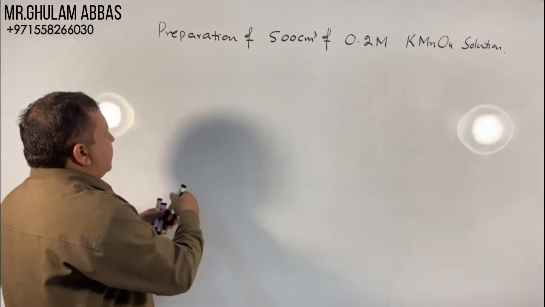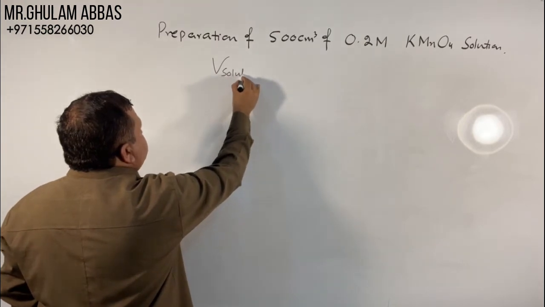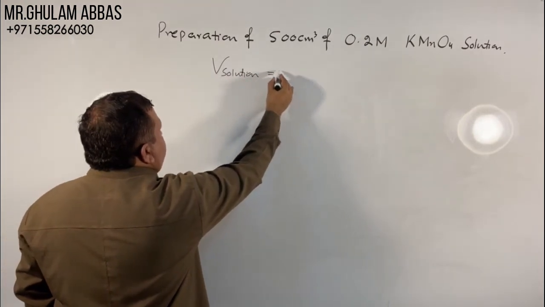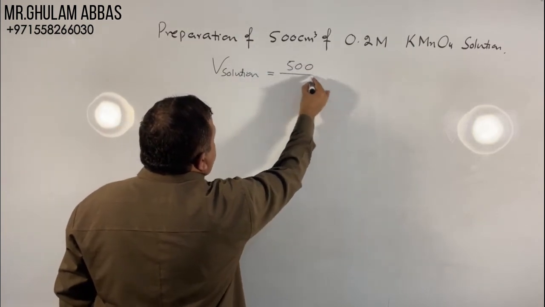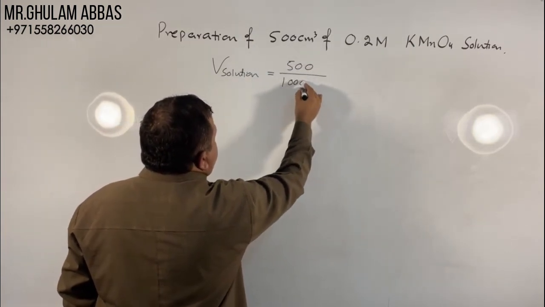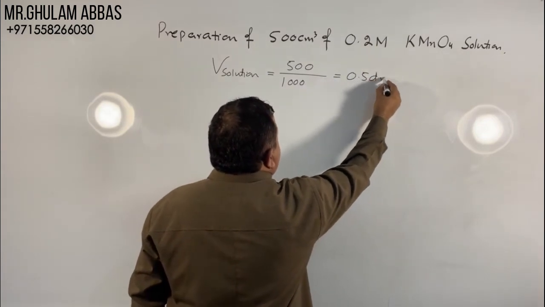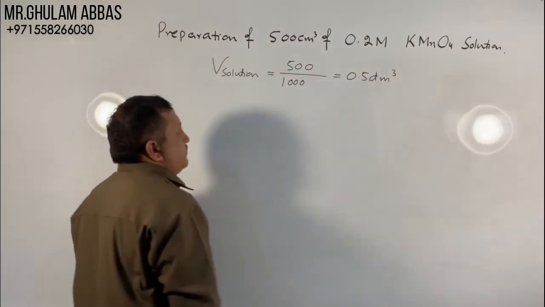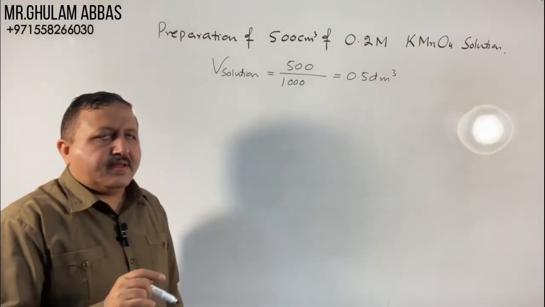First of all, convert the volume of solution in dm cube. 500 divided by 1000, 0.5 dm cube. This is the volume of solution. First step.